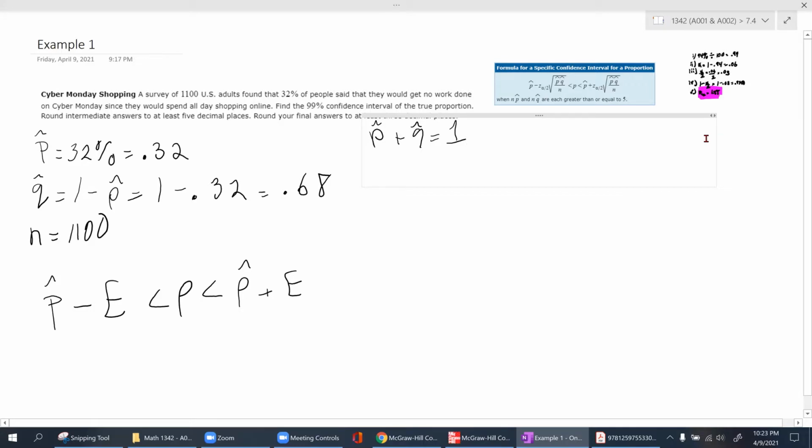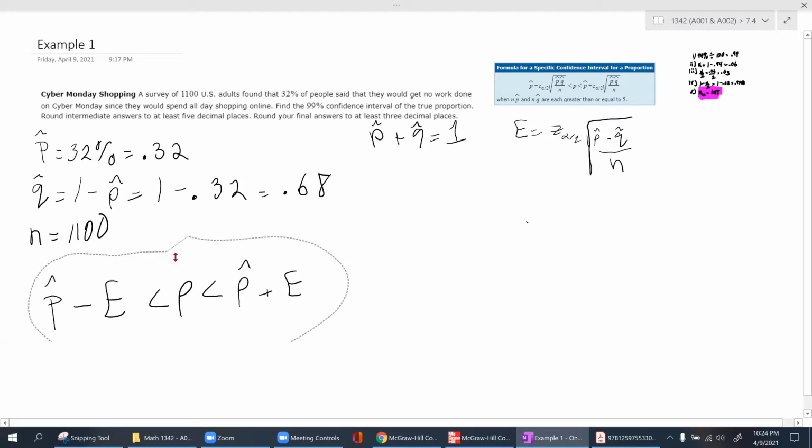And my margin of error, let's put it below this one here, would be my z alpha over 2 value times the square root of p hat times q hat over n.